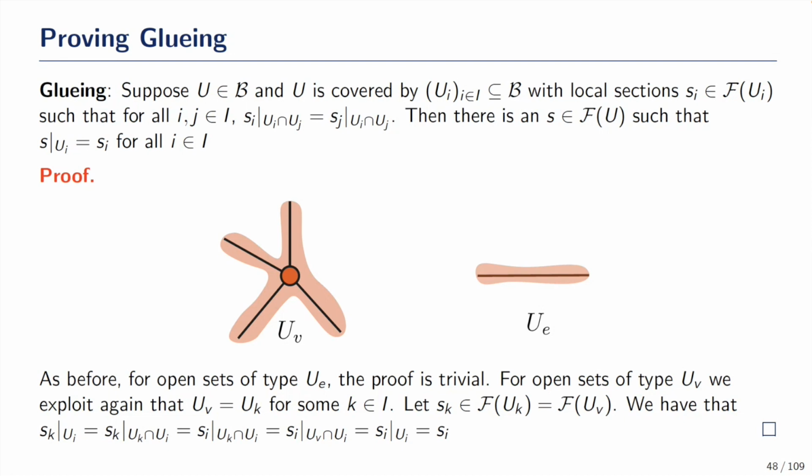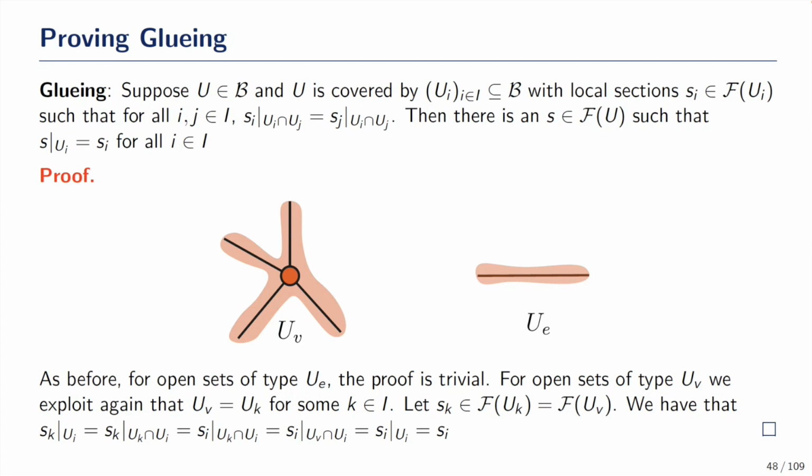Well, there's only one open set here, so obviously this will be equal, right? The only intersection is the actual set itself, and there's only one SI. So you can think of S1 equals S1 over UE, basically. So that trivially holds.